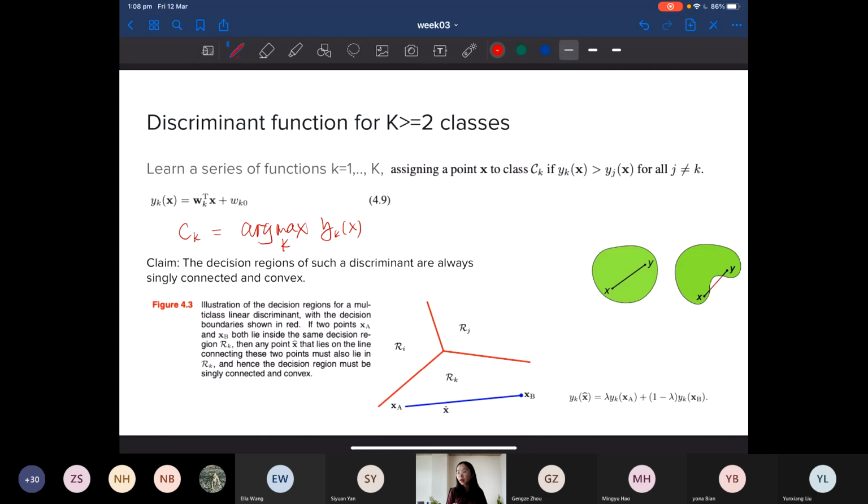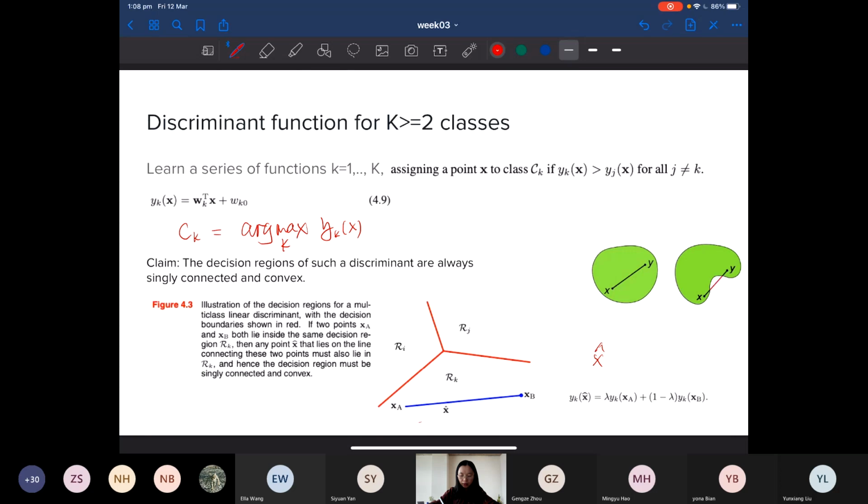Basically, if we have x_A and x_B in the region for class C_k, then y_k(x) is the largest for both points A and B. We can represent any point on the line as a linear combination of these two points.